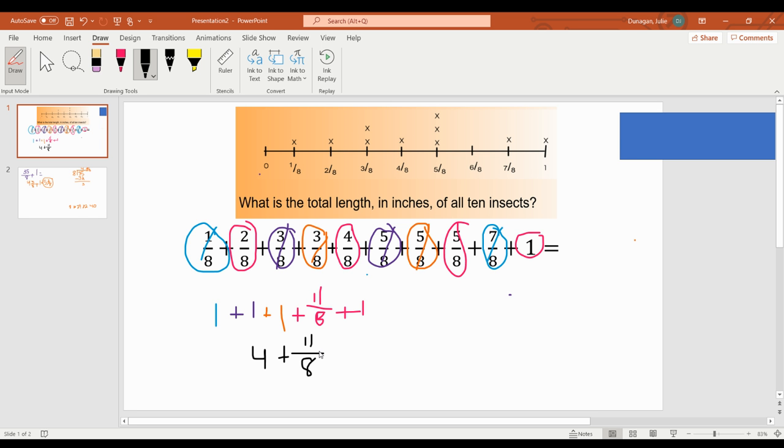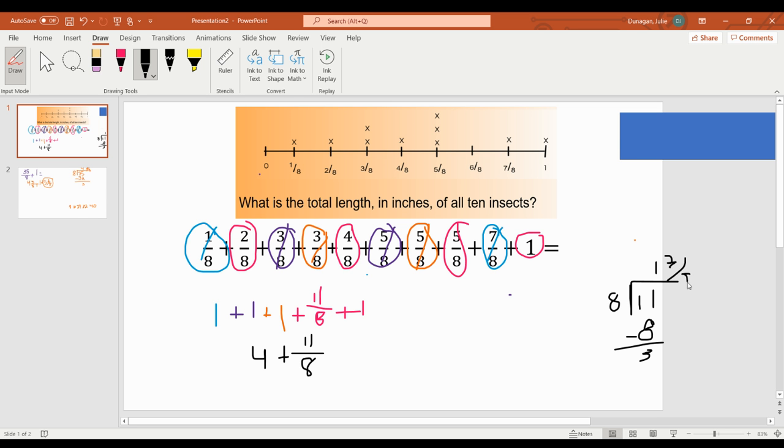Well, 11/8 is easier to convert than we had before, correct? So we know that if we make this a division equation, 11 divided by 8, we know we have one group. So 11 minus 8 equals 3. So we have one more whole, and then we still have 3 as our remainder, so that is our numerator.